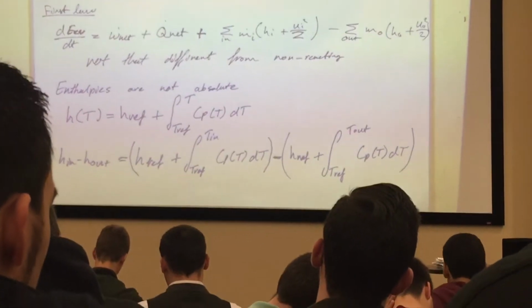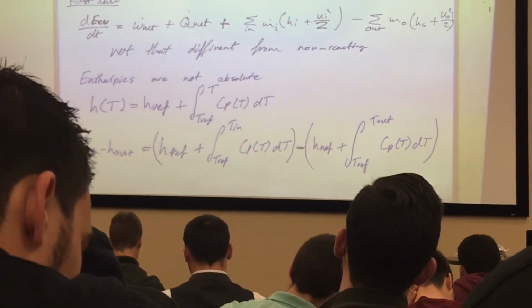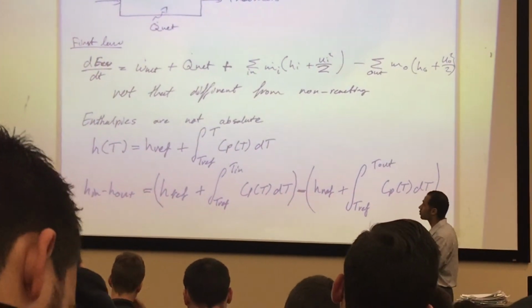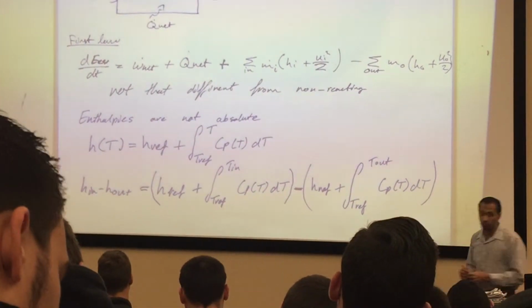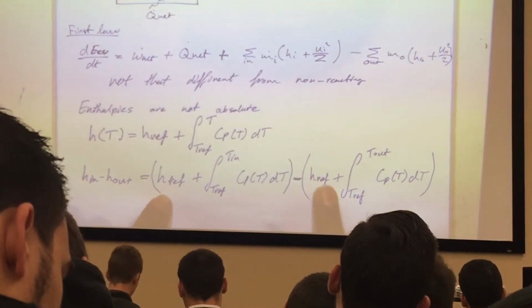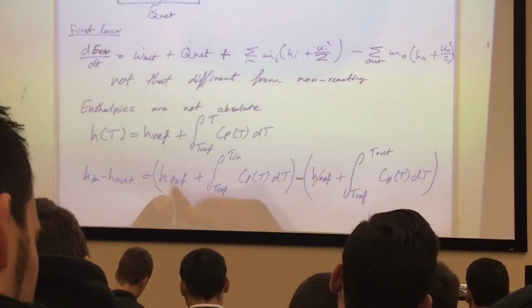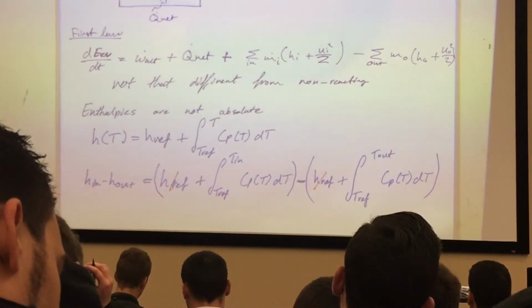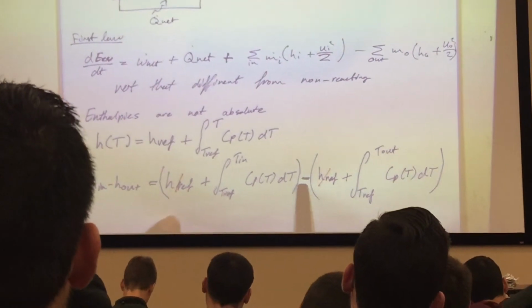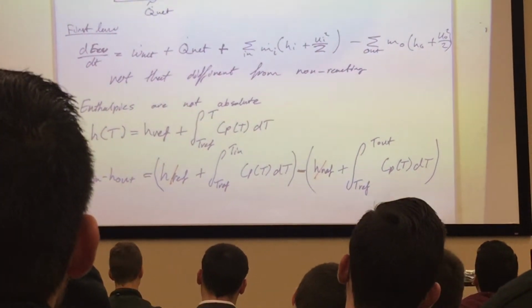I'm making an assumption here that I only have one species to deal with, that I'm putting in some reactants of some form and it's coming out the same form. So my H reference here is the same, so this could cancel out with this. Given that this is a minus, I could flip those. And what do I get?